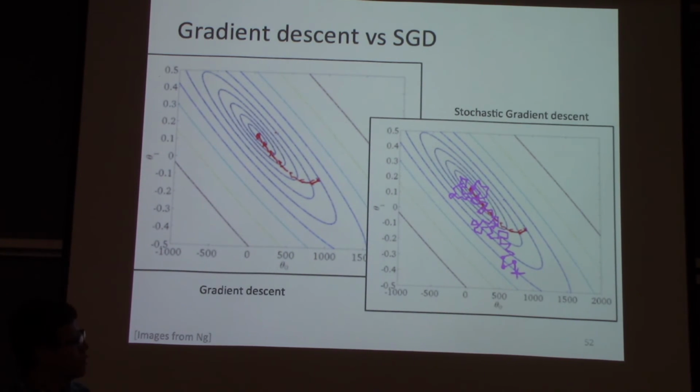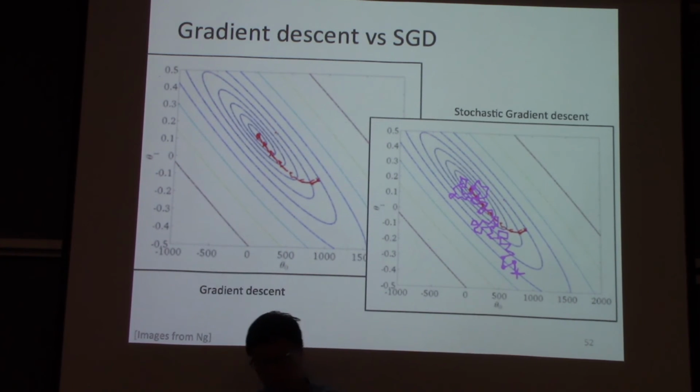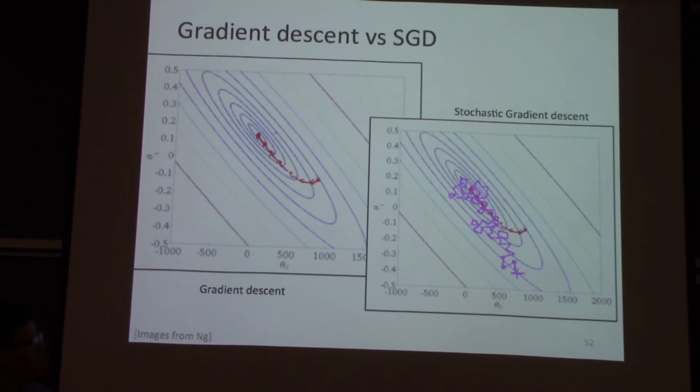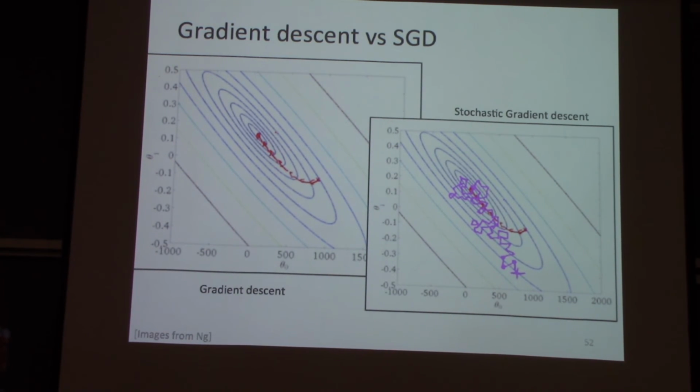On the right side is still a contour plot for the same function, but this time we are doing stochastic gradient descent. The purple lines, we are starting from here, and we are going in the opposite of the gradient direction. But remember, this time the gradient is not the true gradient for the whole function. The gradient is estimated from only one example, right?